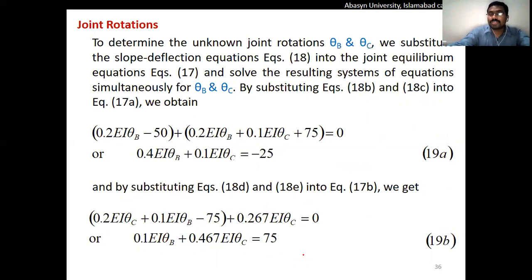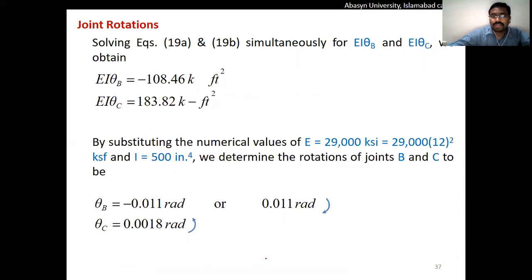We can use the factorization method, the elimination method, or solve these equations simultaneously. Ultimately, we have to find the values of theta B and theta C. So ultimately, you have to simplify these equations.